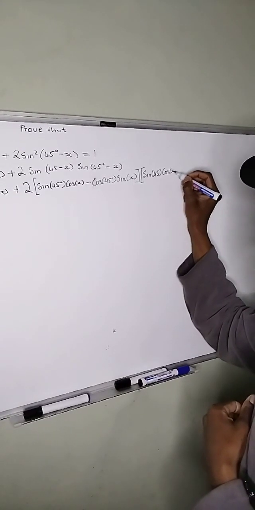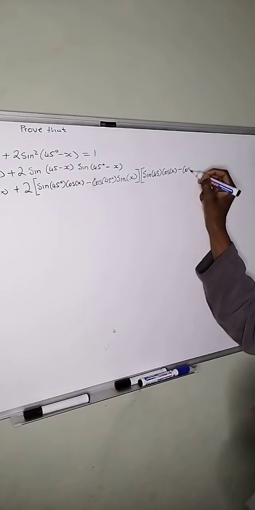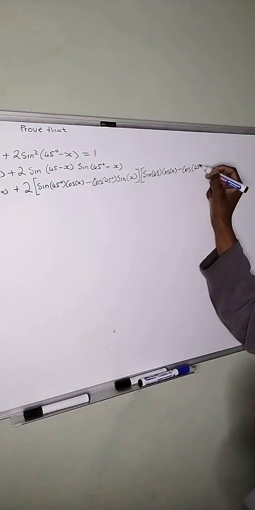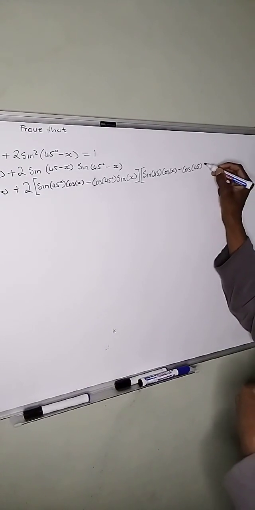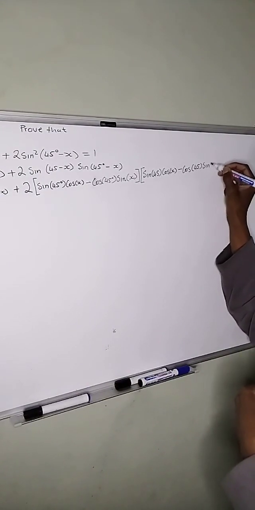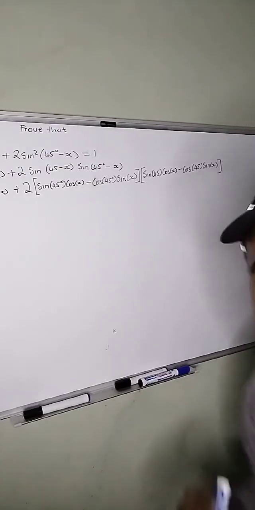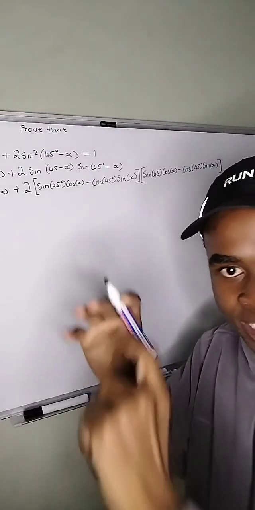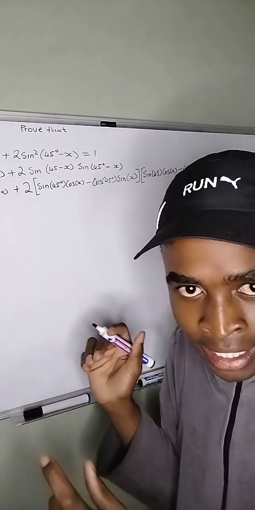Cos x minus cos 45 sine x, ne? I extended this to be a bit longer, right?